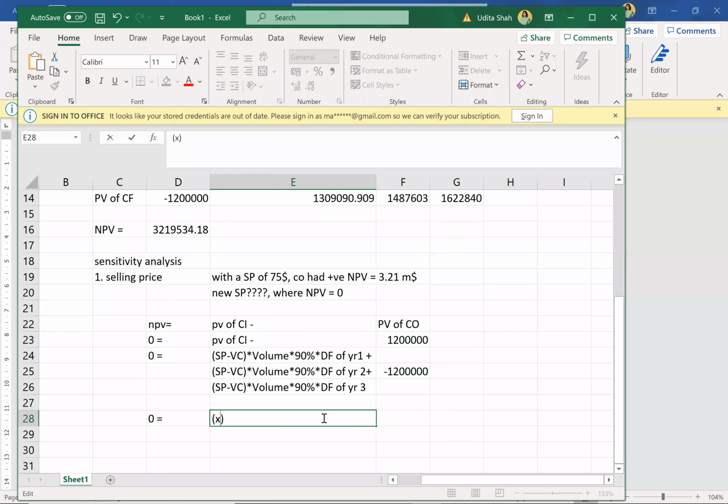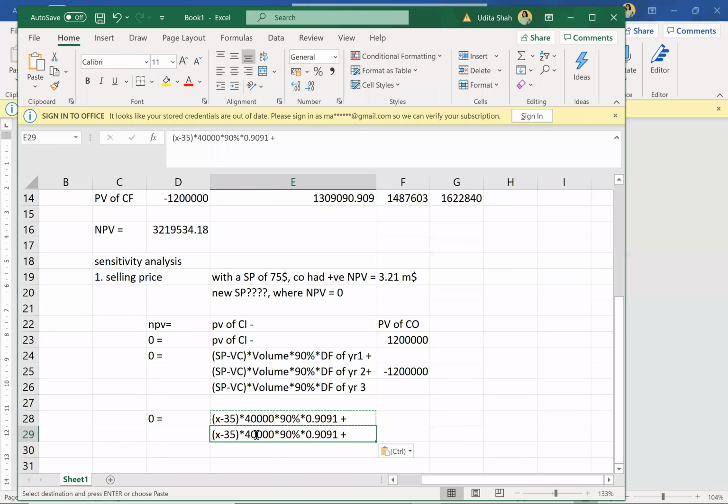Okay, so X minus, what is the variable cost? Variable cost is how much? 35. Into what is the volume for the first year? 40,000 into 90% gives me PAT into discounting factor 0.9091. Correct, that is the first year. Plus what is for the second year? Same thing, X minus 35 into what is the volume?